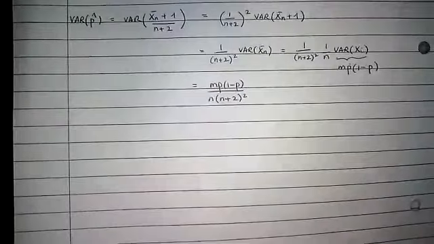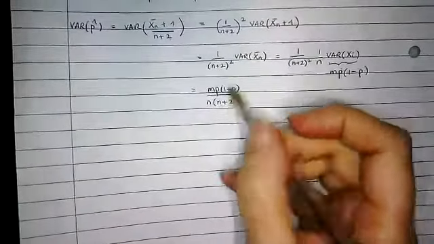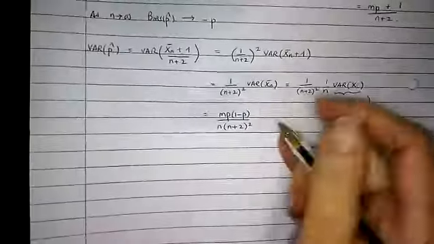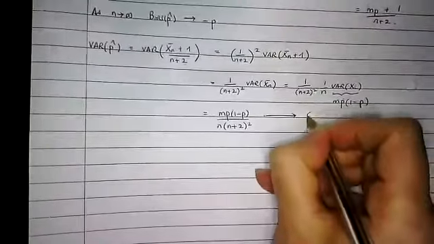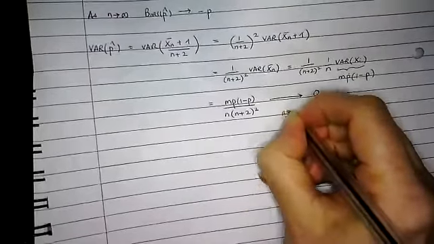The final thing we were asked was what happens to the variance when n tends to infinity. Hopefully you can immediately see that if n gets really big, the only thing it affects is the numbers on the bottom of the fraction, which get very large, which makes this very small. So it goes to 0 as n tends to infinity.